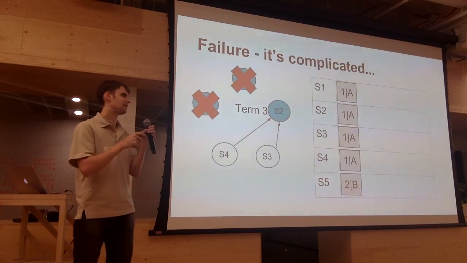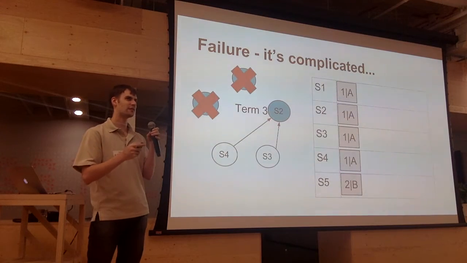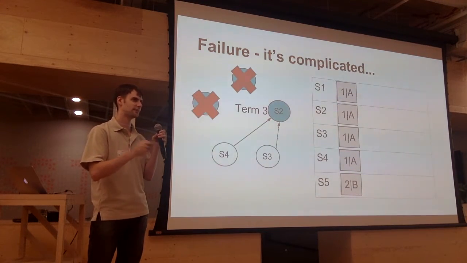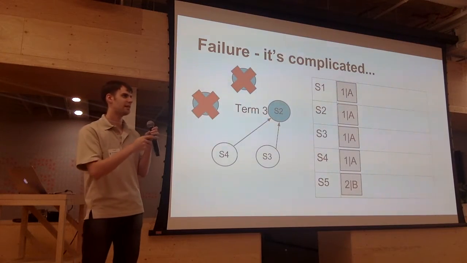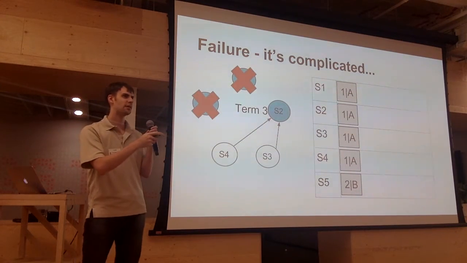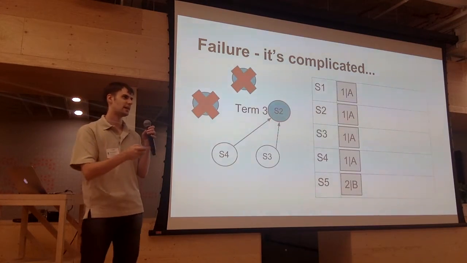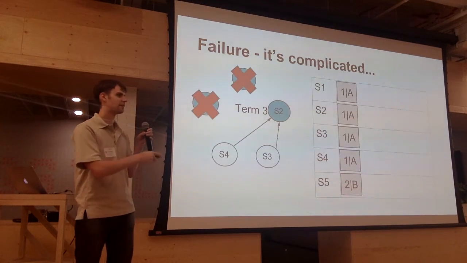And the answer is that it is not, because it's not from the current term. The reason why you can't consider this entry committed is because you can imagine server 2 could die, and maybe some of the other ones come back online, and server 5 could try to become a leader.